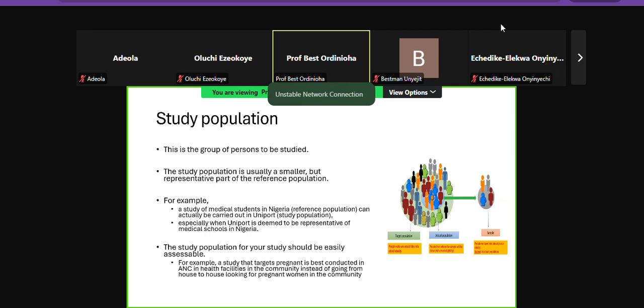So if you are doing a study on hypertension amongst market women in Enugu State, although you did it in Ogbete market in Enugu State, it should also be applicable to most other markets, to market women in other markets in Nigeria.